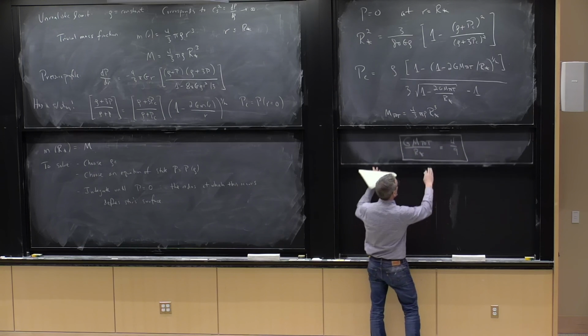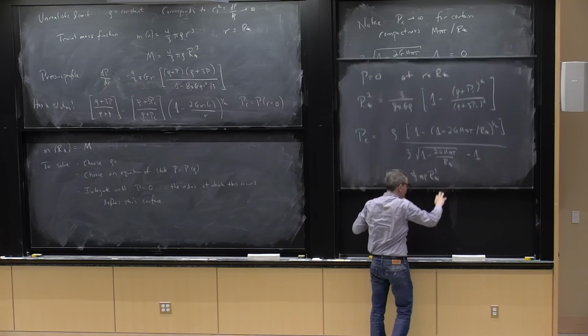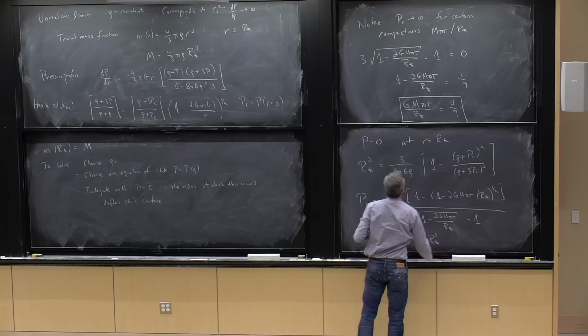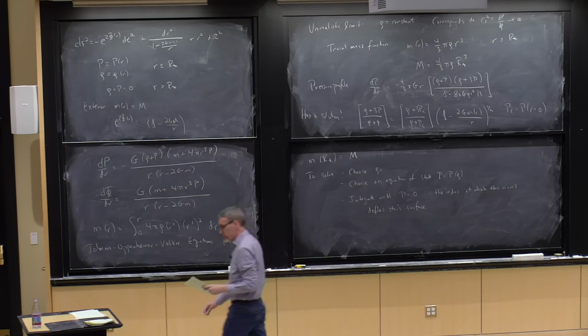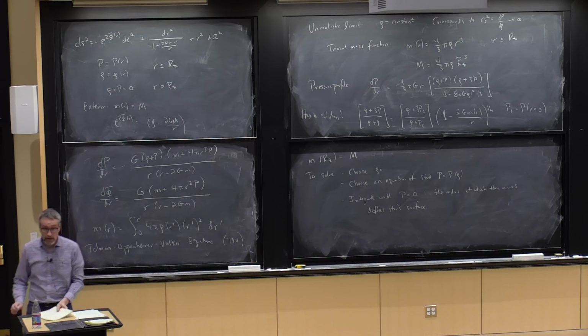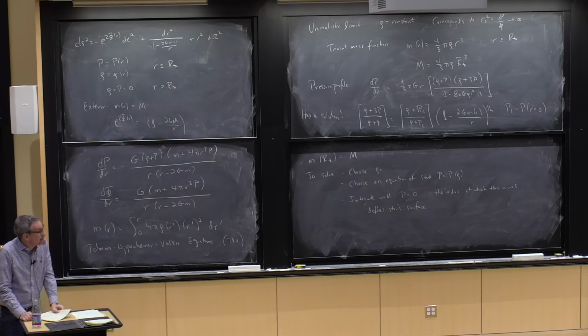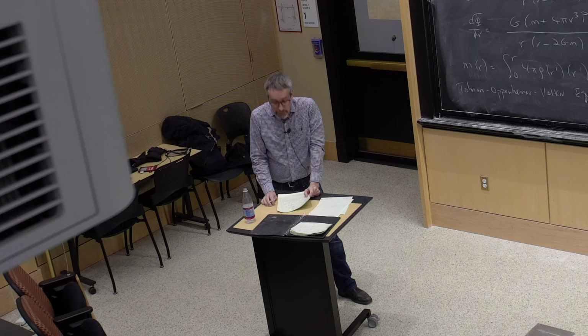So if the ratio of this star's total mass to its radius is such that GM over r star exceeds 4/9, then the pressure diverges.